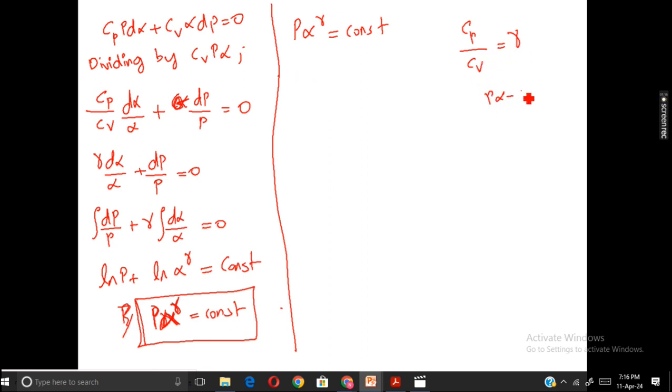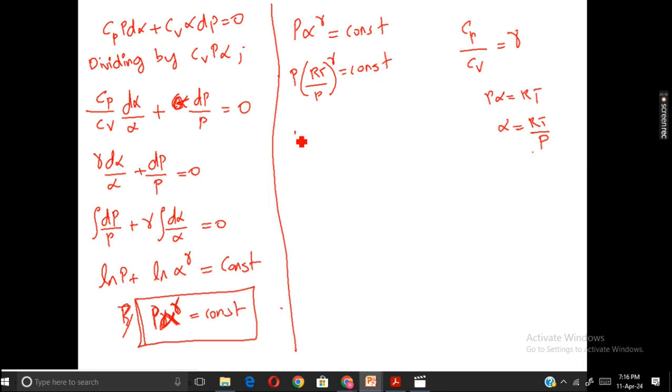P alpha is equal to RT from the ideal gas equation, so alpha can be written as RT by P. If we substitute it here, it will be P times (RT by P), the whole raised to gamma, equal to a constant.